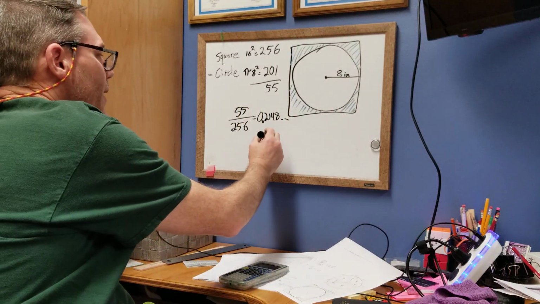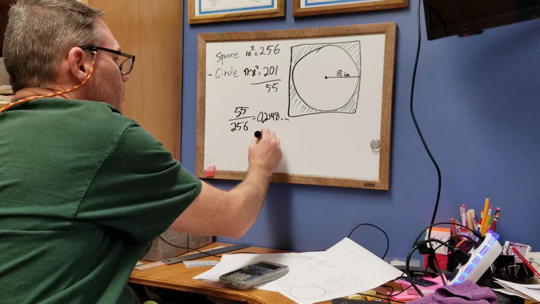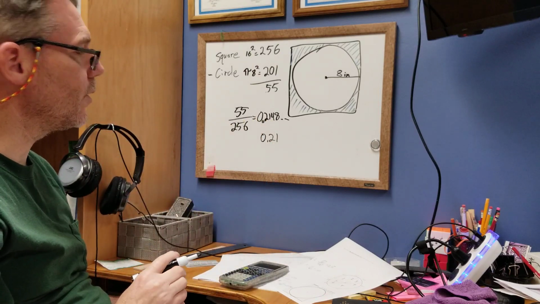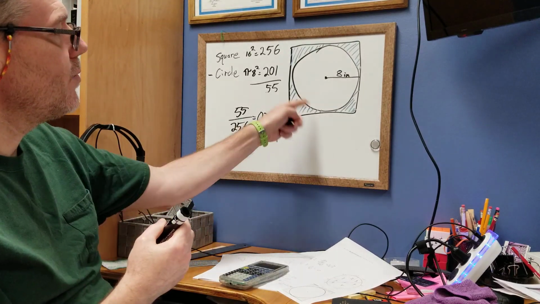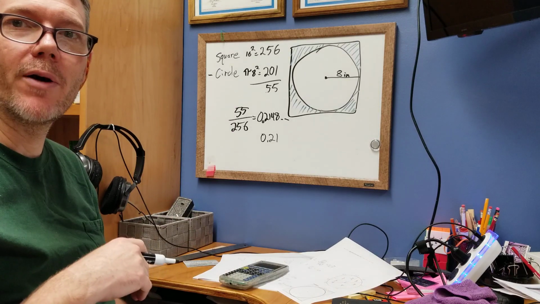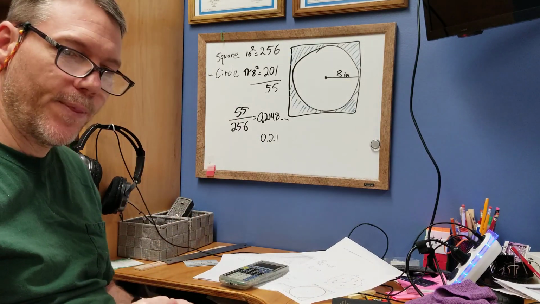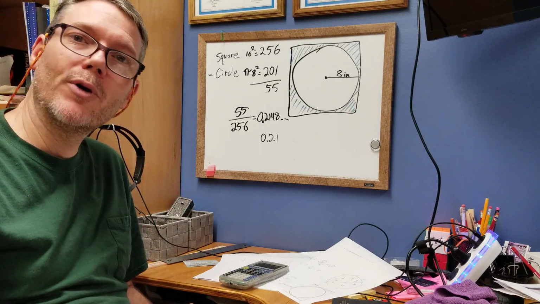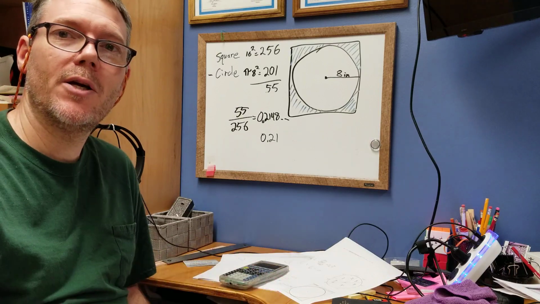So we could round that off to 0.21, or a 21% chance of throwing a penny or a dart, whatever, and something landing in that space. The kind of situation where this might be used is like the carnival games where you throw something and see if it lands in the space.